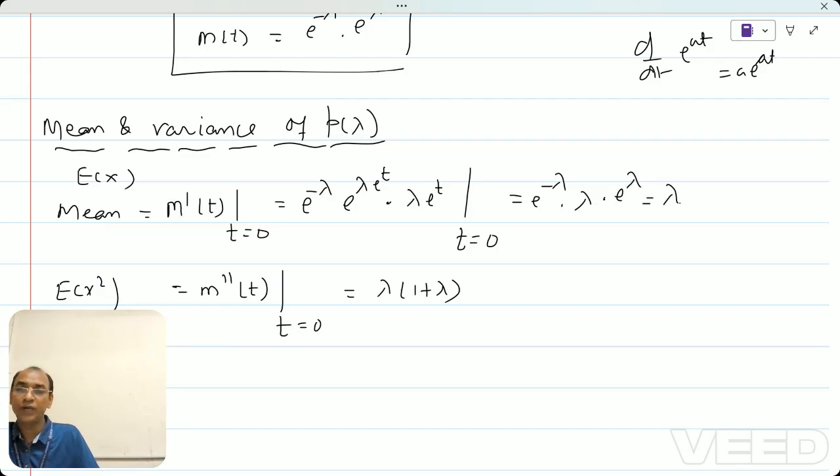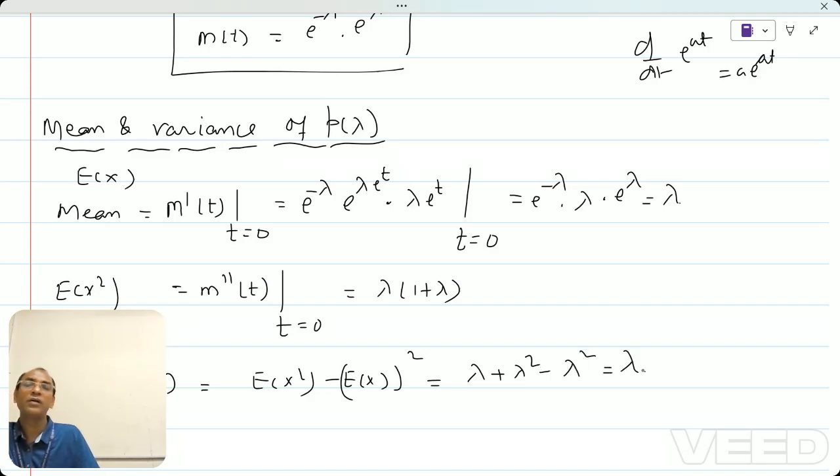And so variance of x will be nothing but E of x square minus E of x whole square. That will give you lambda plus lambda square minus lambda square, and so we will have lambda.